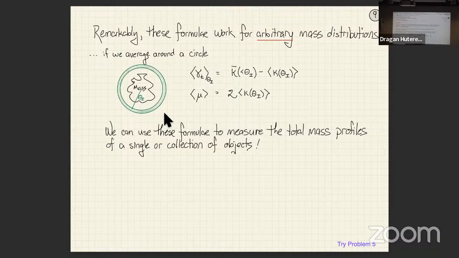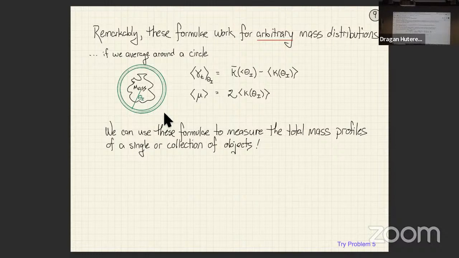So the problem here is to make a graph of what the shear is versus radius from the center of that lens. Since we only have about 5 minutes left before a break, maybe I'll just step through this problem instead of having you do it. I think it'll help.